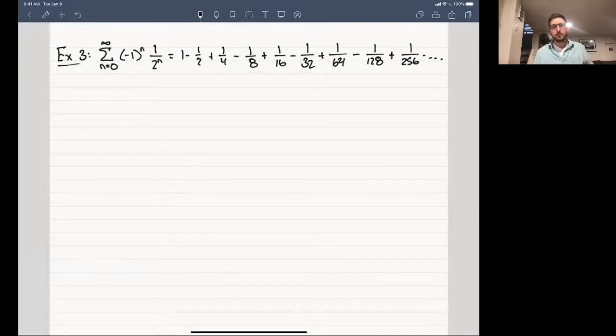Okay. So the theorem says that if we truncate at a certain number of terms, then we are going to be within the next term.